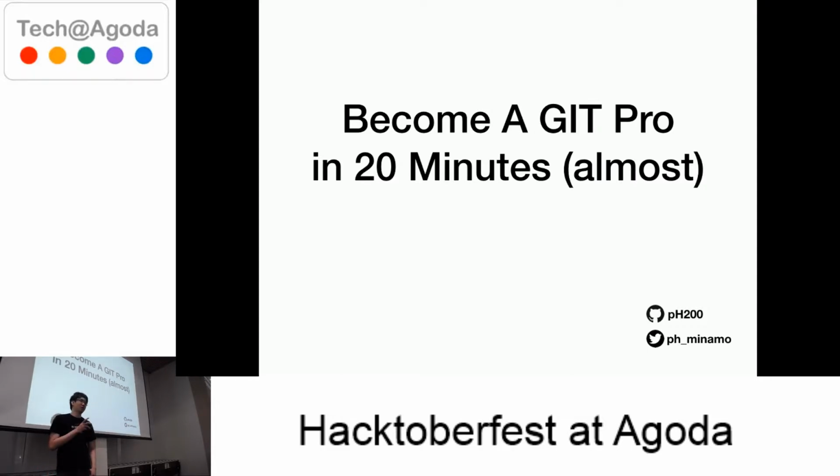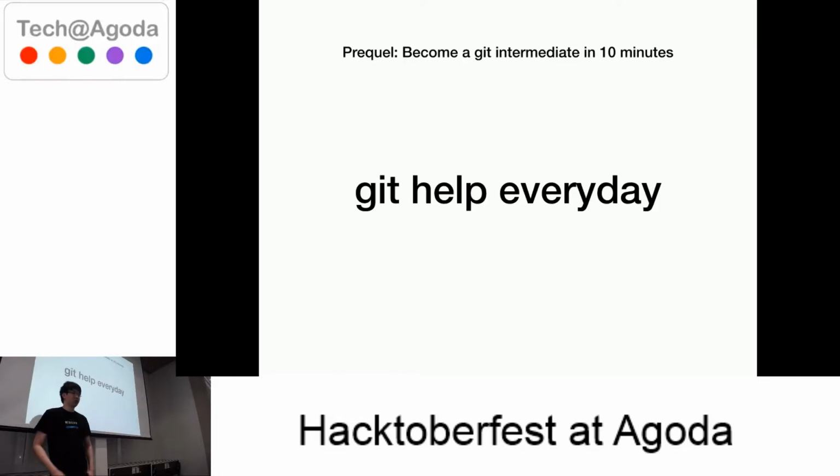So we'll skip the Git basic stuff because I assume that all of you know how to do basic stuff with Git. But if you haven't learned how to use the Git command line for basic daily jobs, you can use this handy command, git help every day.